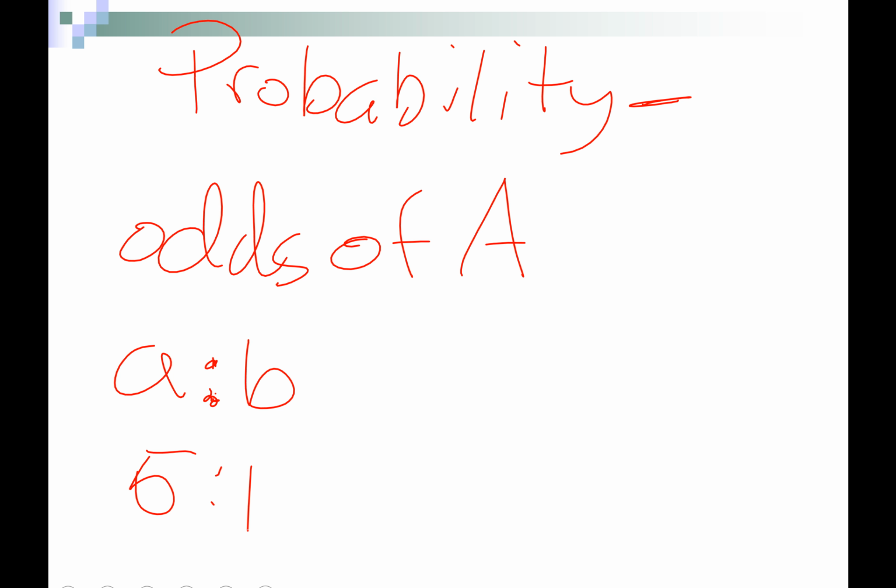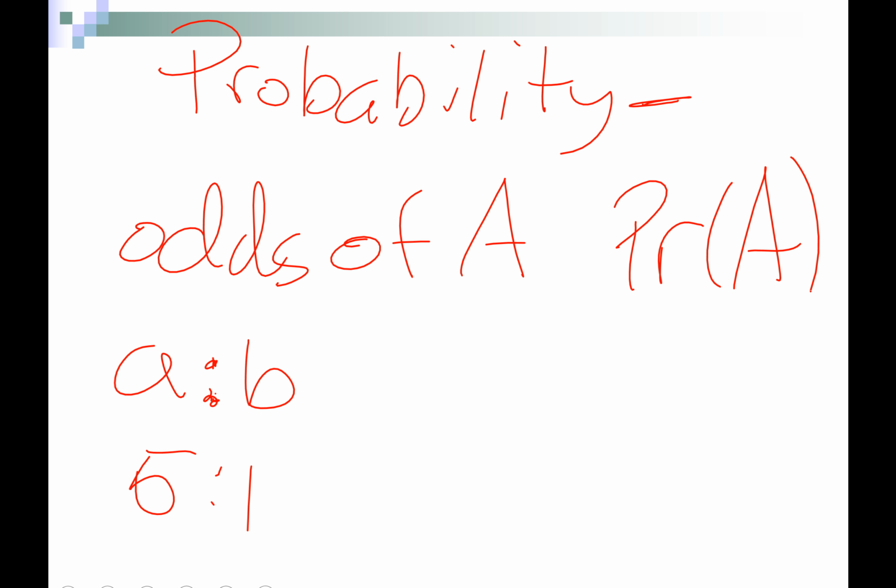what's the probability of A then? So odds means it actually is talking about the ratio of the probability of winning to the probability of losing. And so if you have the odds, you have the probability, but odds is not equal to probability.